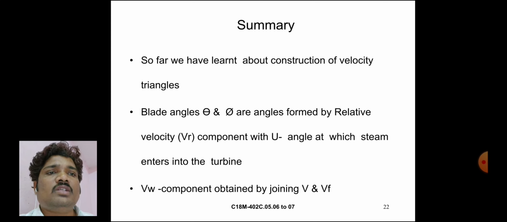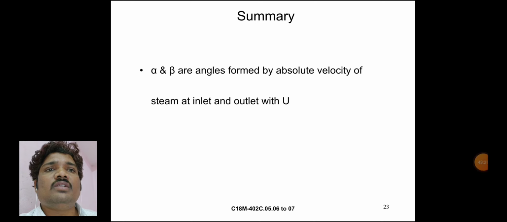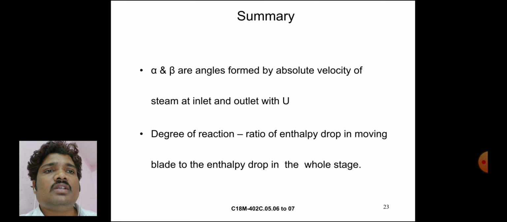VW component is obtained by joining V and Vf. Alpha and beta are angles formed by absolute velocity of steam at inlet and outlet with u. Degree of reaction is the ratio of enthalpy drop in moving blade to the enthalpy drop in the whole stage.